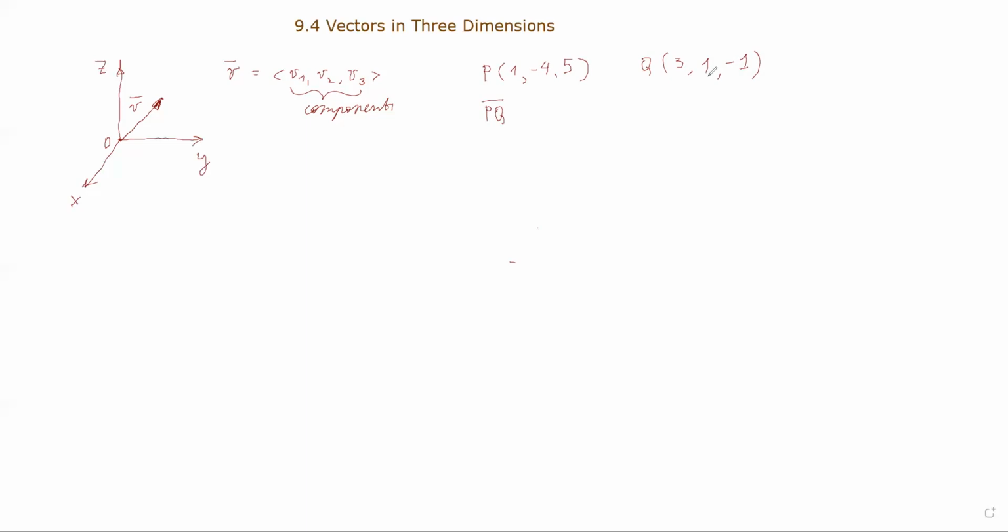Here we have two triples of coordinates. Remember that P is the initial point and Q is the terminal point.